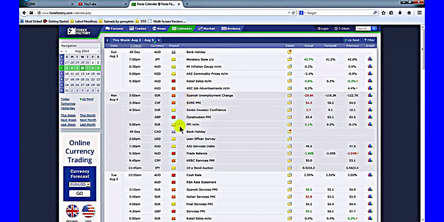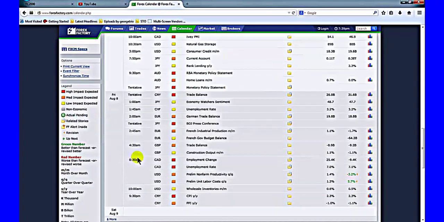Okay. Tomorrow also we have some high impact news relating to the United Kingdom, Great Britain, construction PMI. All right, so these are the things you need to pay attention to. Trade balance again tomorrow at 2:30 a.m. London time. Well, no, sorry, I'm in the wrong place. Okay, my apologies to traders.